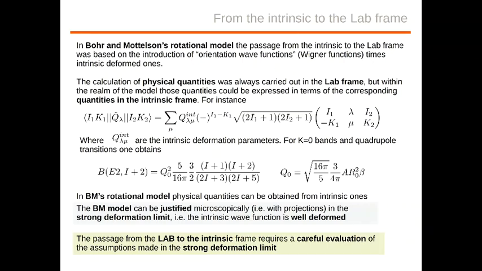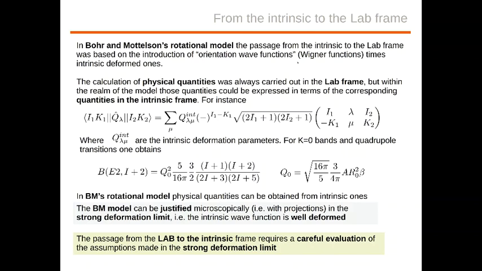in this attempt to go from the intrinsic to the laboratory frame, we also have to remember the rotational model that Bohr and Mottelson proposed in the 50s, and that led them to get the Nobel Prize a few years later, right? This rotational model is just an attempt to go from the intrinsic to the laboratory frame.